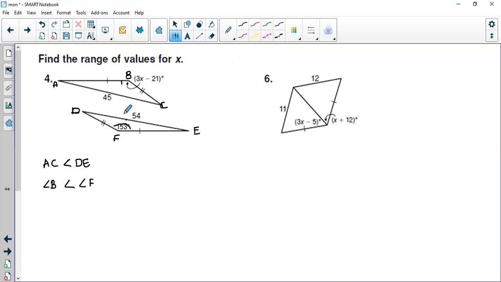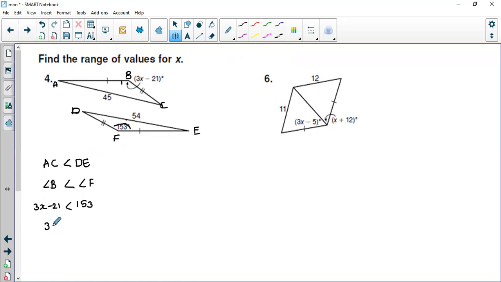Now we write one of the inequalities. So what's the measure of angle B? Angle B is 3x minus 21, which is less than the angle F, which is 153 degrees.